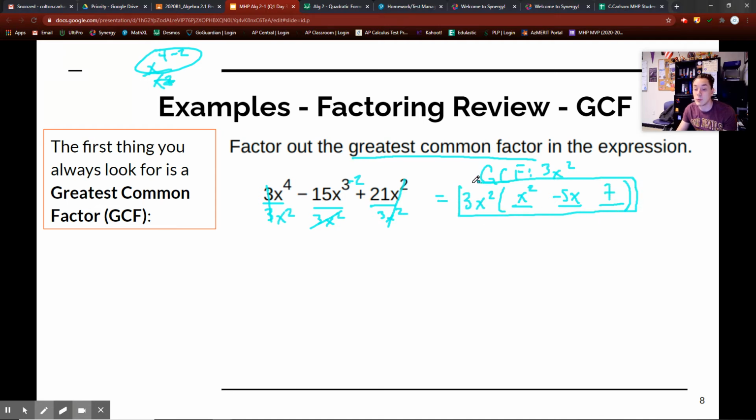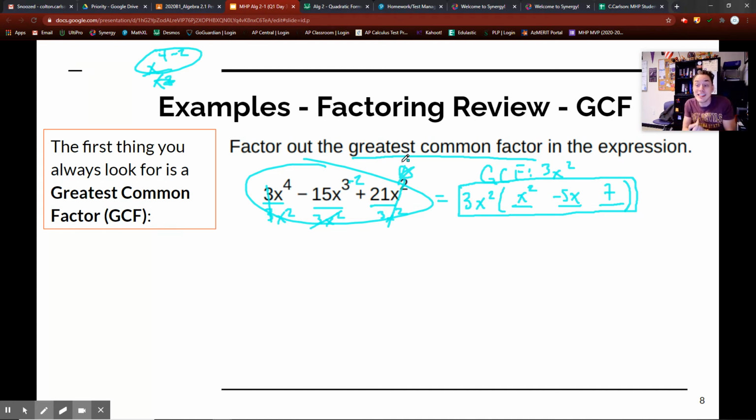And I'm not going to show you, but if you actually distributed the 3x squared back through these terms, you would get this. That's how you can check it. I see time and time again students just guessing on what factors. And why? There's literally a methodical way that you can solve it while always getting the right answer.